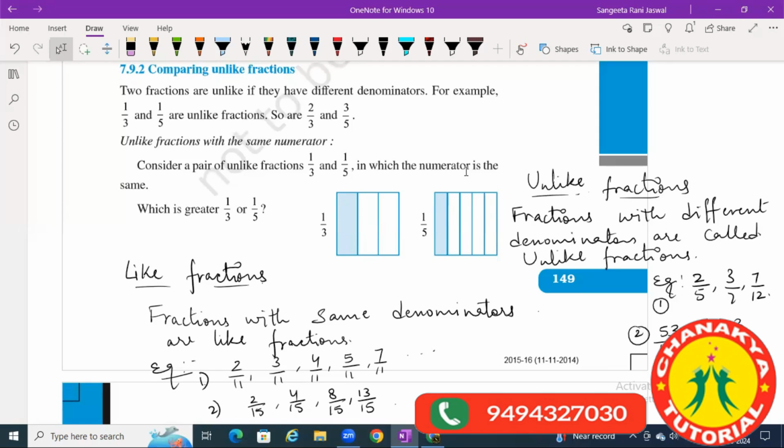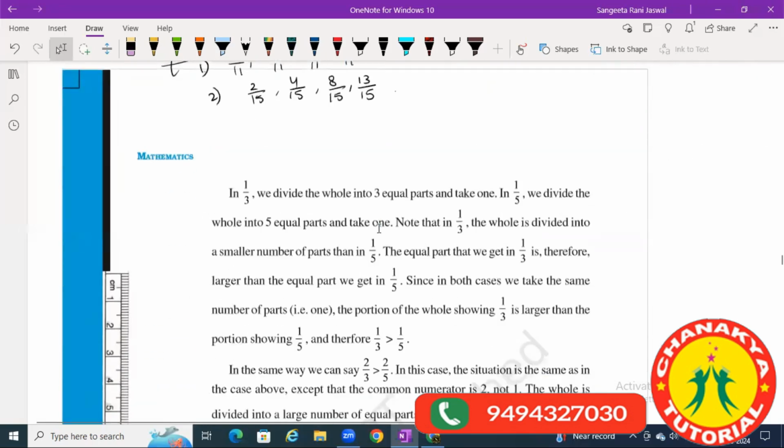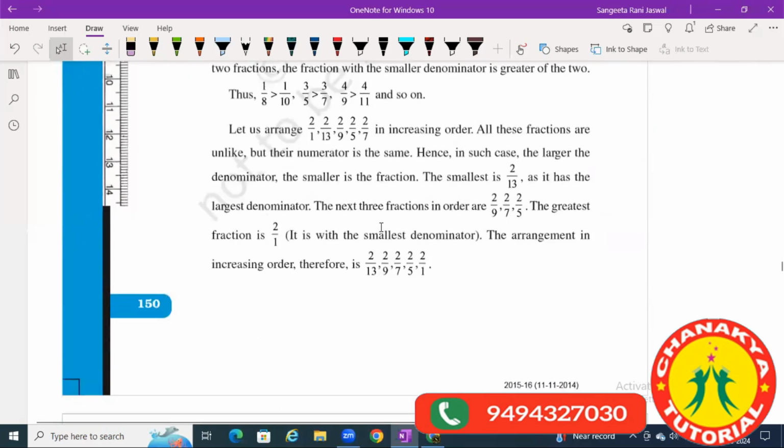Okay, so now next heading you can write, comparing fractions.